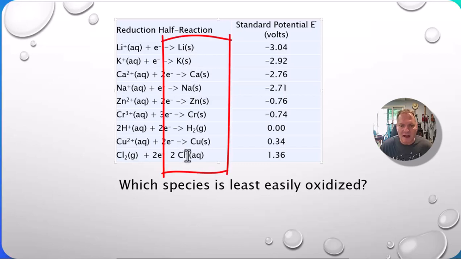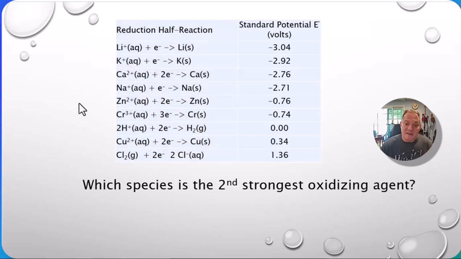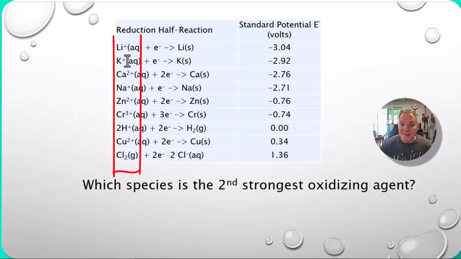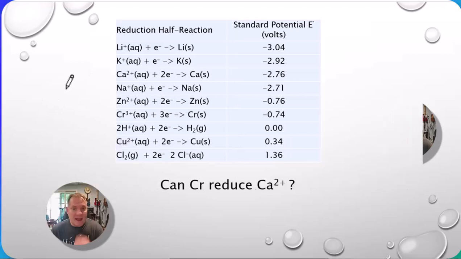It looks like chloride ions have the least potential for oxidation, therefore they're least easily oxidized. All right, which of these species is the second strongest oxidizing agent? Oxidizing agents are undergoing reduction, so my choices are on the left. The second strongest would have the second highest voltage, so the copper 2+ ion would be the second strongest oxidizing agent in this list.